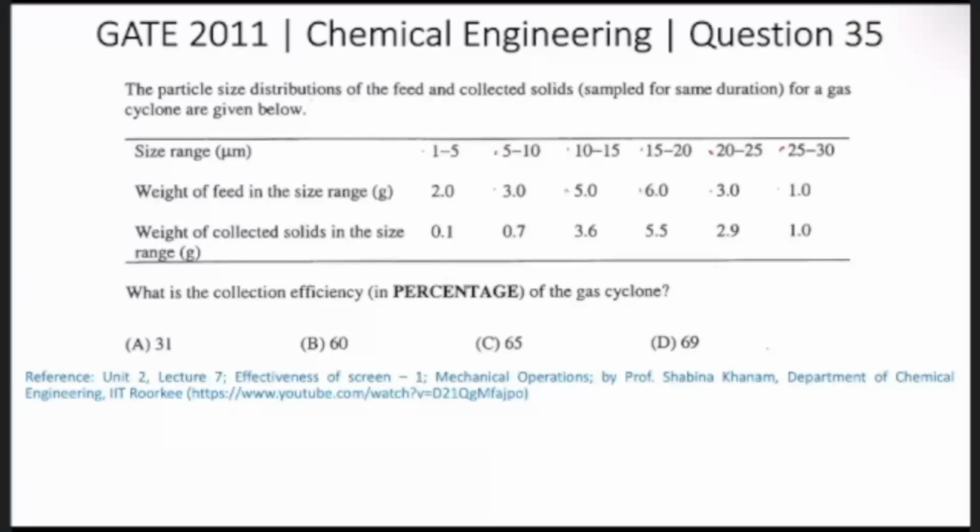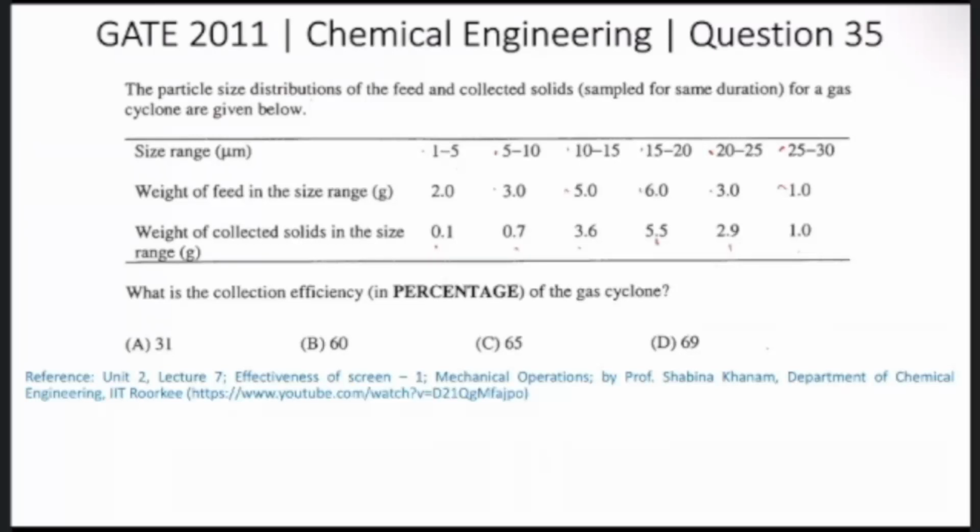They have also given the weight of the collected solids in these size ranges as 0.1, 0.7, 3.6, 5.5, 2.9 and 1. Using this table of data, we need to find the overall collection efficiency of the gas cyclone in percentage.